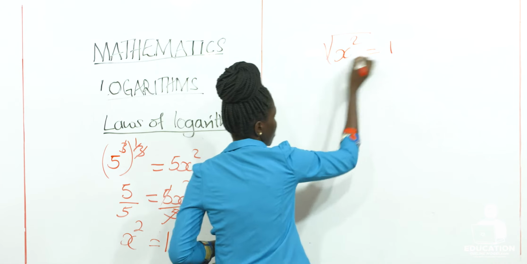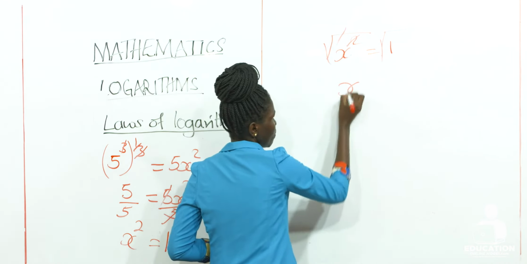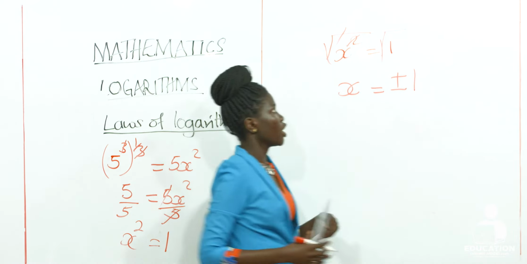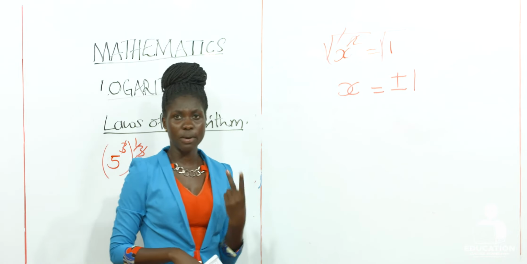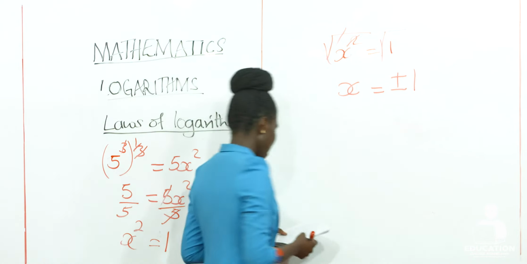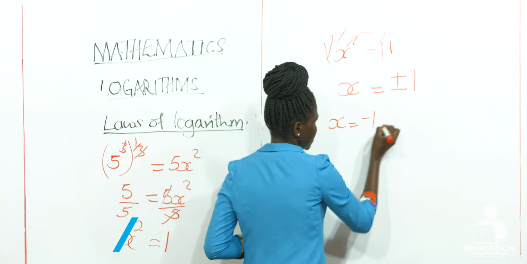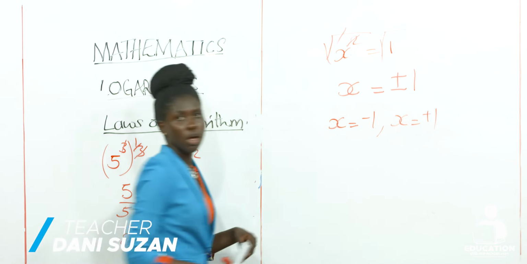We introduce the square root sign to both sides. The 2 will cancel with the square root and we shall be left with x is equal to plus or minus 1. Whenever finding a root of a number, you should have two answers, positive and negative. And this will be our final value, implying we have our x as negative 1 and the other value of x is positive 1.